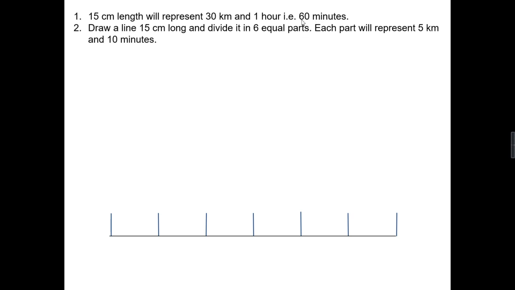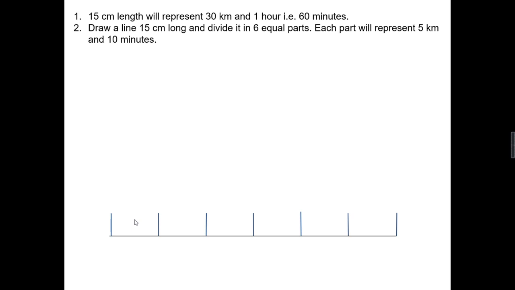So I am dividing the scale into 6 equal parts, so that each part is representing 10 minutes, and further I will divide this first part into 10 equal parts, so that the least count will be 1 minute.